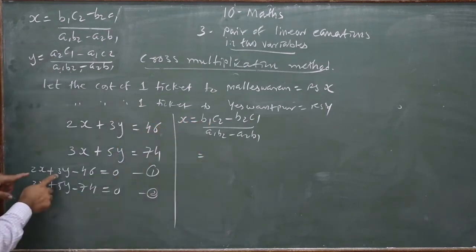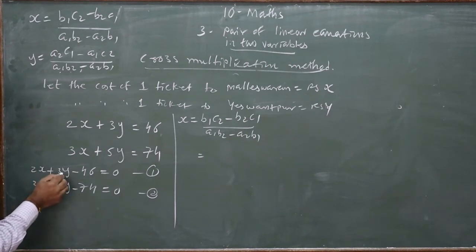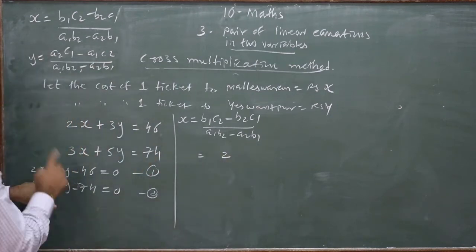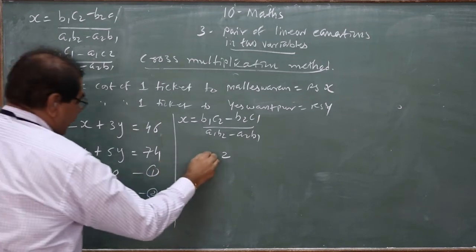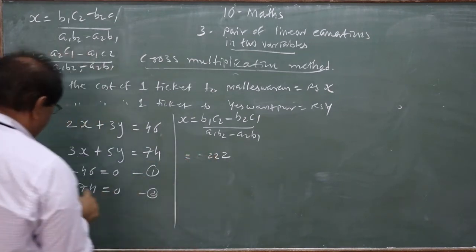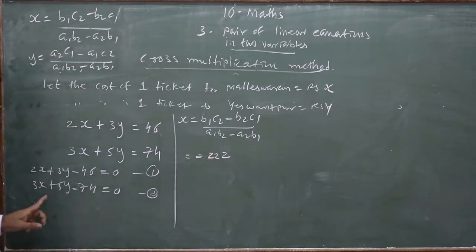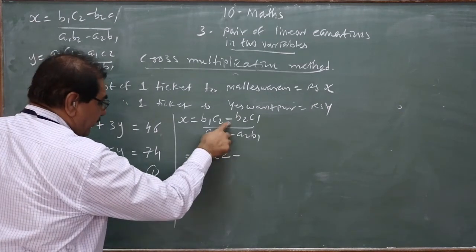It is A1 B1 C1, A2 B2 C2. So B1 C2, 74 into 3. How much? 3 4s are 12, 1 carry, 7 3s are 21 and 1 22. But the sign is plus into minus minus. So minus 222, minus sign of the formula.